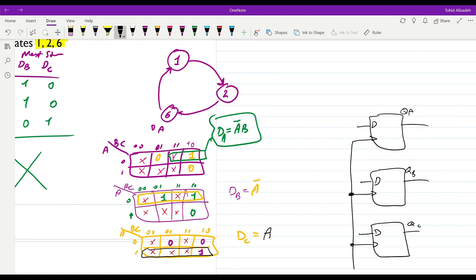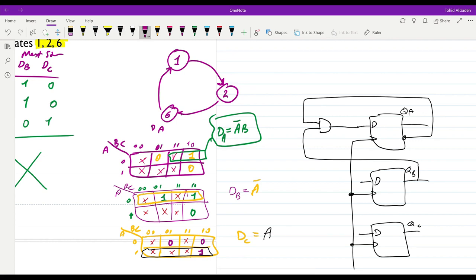For A, we have not A and B, so we need to have one AND gate. Like this, not A and B. For B, we have not A, so I can directly connect it to the negated output of the first flip-flop. And for C, we have D equal to A. And I think I can do it in this way.